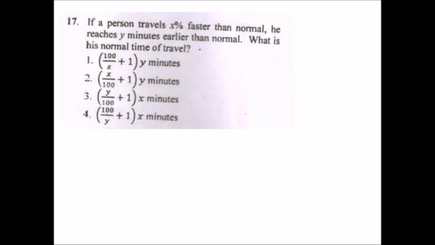Let the speed be s and time t, so the distance is st. When he travels x% faster, the speed is (100 plus x) by 100 times s, and the time will be t minus y. For convenience of calculation, I am taking s equal to 1.